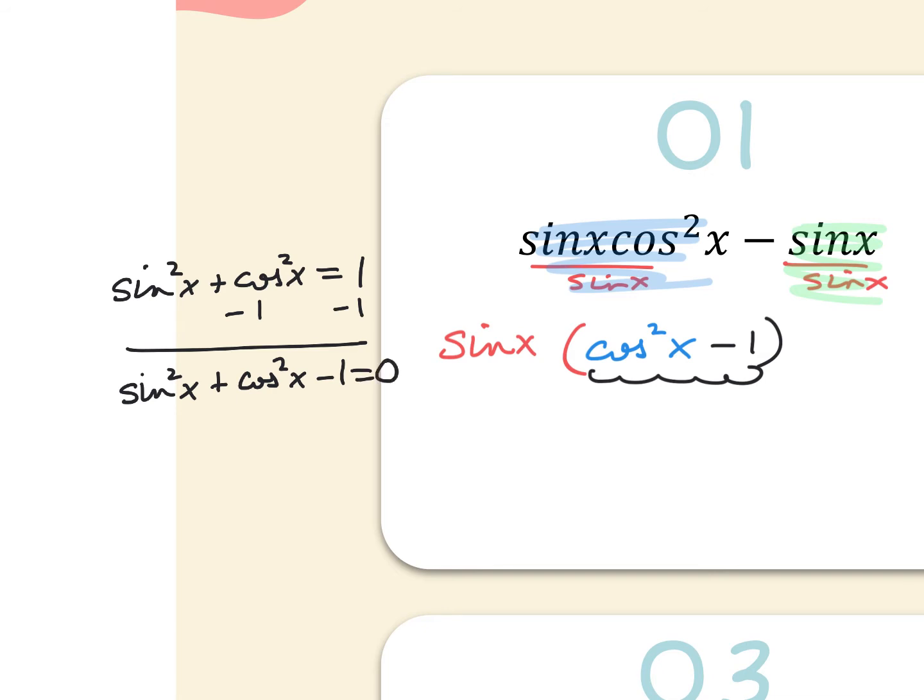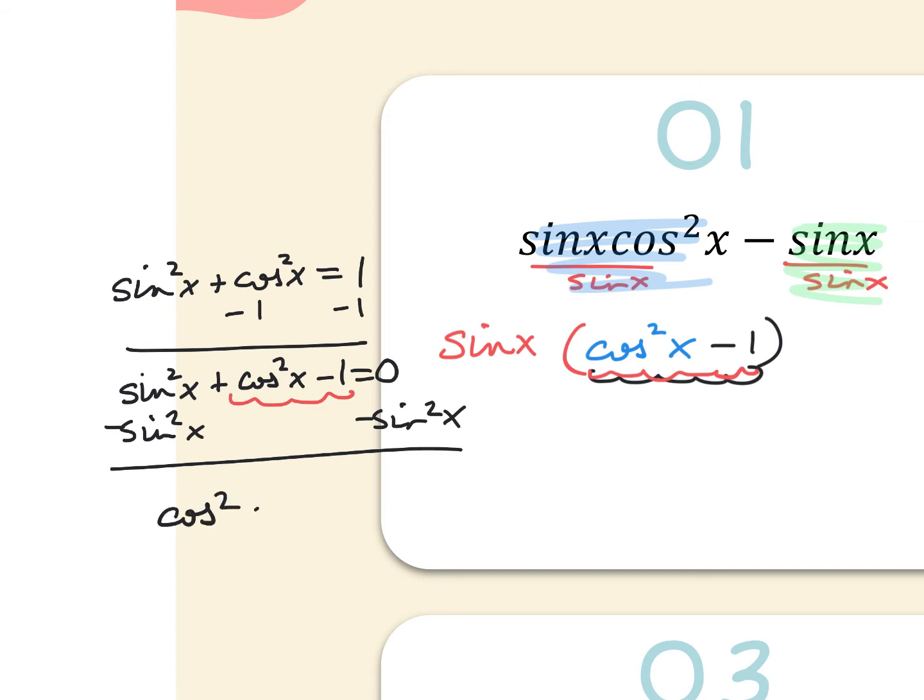If I move now the sine to the other side, now this and this look the same. So I'm going to subtract sine squared x from both sides. And now I have cosine squared x minus 1 equals negative sine squared x.